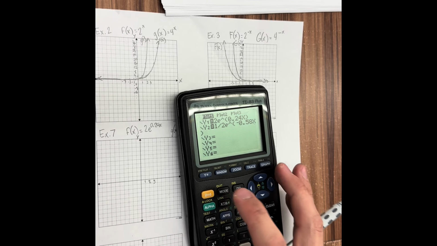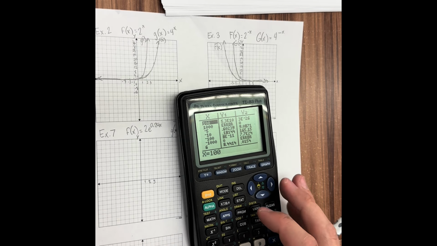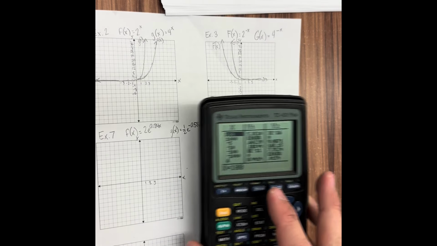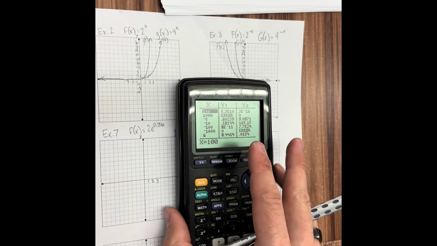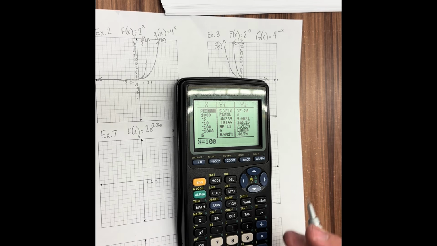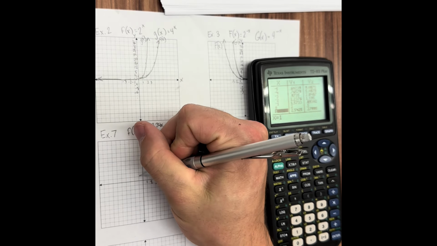I'm going to use the table for this one, so I'm going to go second table, which is right above graph. All right. And then I'm just going to type in some values. So as always, I like to go basically for our x's between -5 and +5. So we'll go -5, -4, -3, -2, -1, 0, and then 1. All right. And then we're just going to put some points on this graph here.